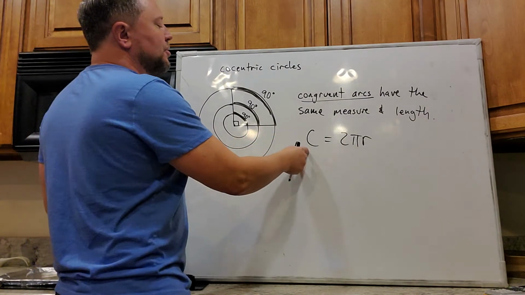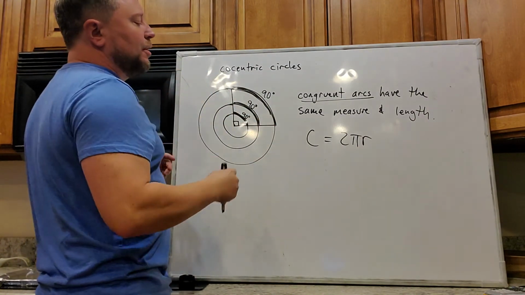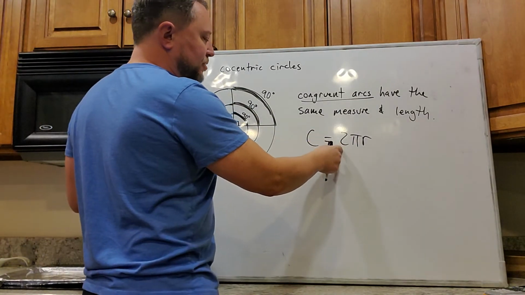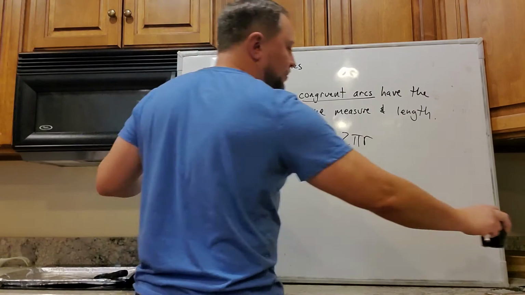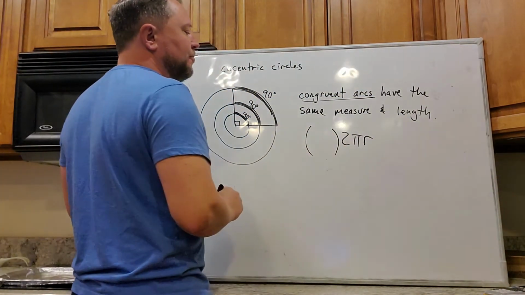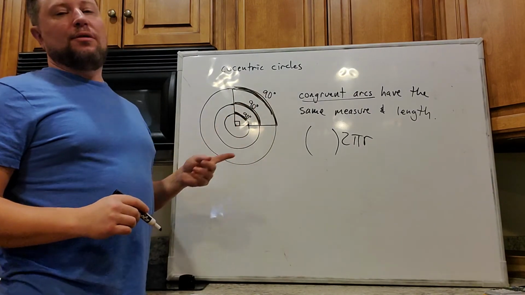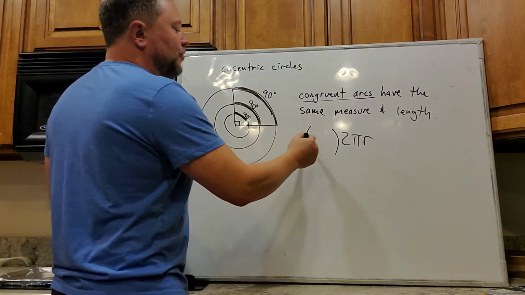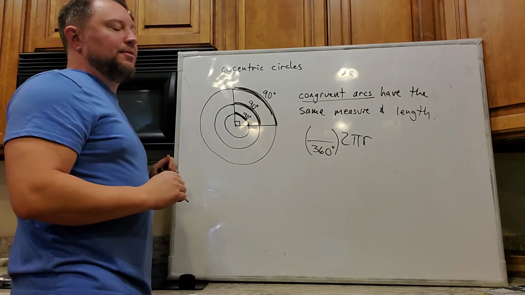So if that's the circumference of the whole circle, and I just want to know the length of an arc, then what I'm going to do is take that circumference and multiply it by how much of a circle I actually have. Now, how am I going to figure that out? Well, based on the measure. I know that a full circle is 360 degrees.